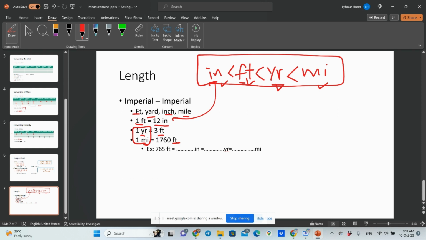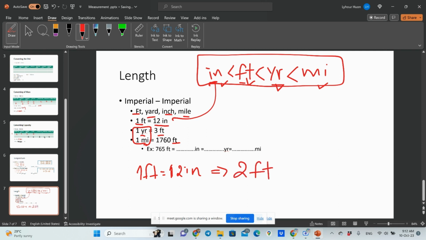Now, when we have 765 foot equal to how many inches? We know that 1 foot equals 12 inches. Let's go for a very simple one. 1 foot is 12 inches. How about 2 feet?